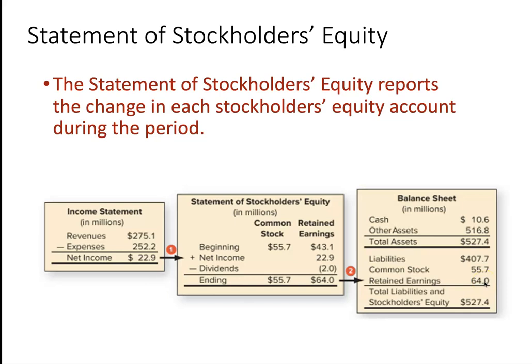So this means starting from day one that this company was established up to the reporting date, December 31st, 2020, the company has accumulated $64 million of profits that hasn't been distributed to the shareholders, and belongs to the shareholders and is kept in the company.